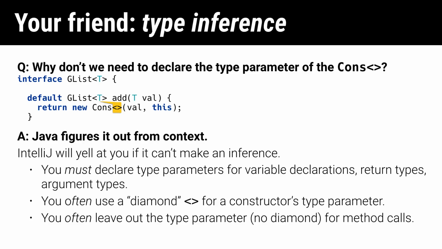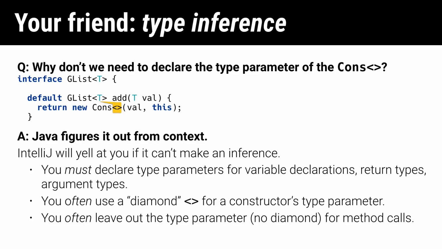So it's really nice when we don't have to do type parameters. It's nice when Java can figure it out for us, and Java is pretty sophisticated at this. So in this code up here, when we are saying make me a new cons, I don't need to say new cons of t.